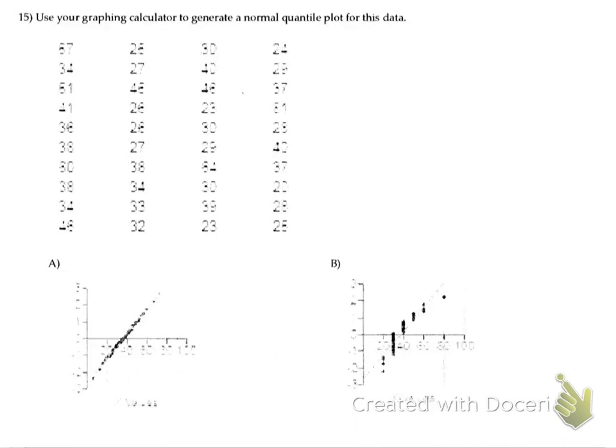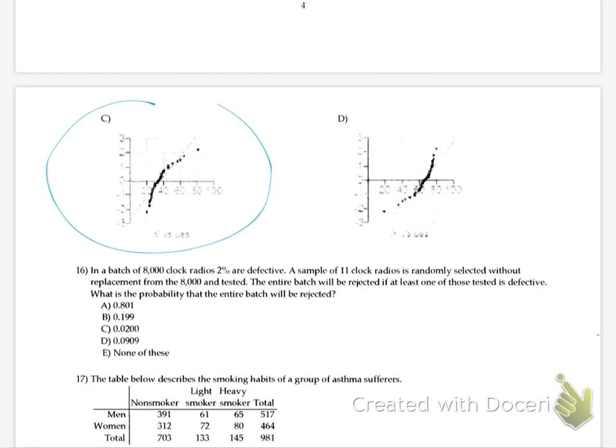What's up with 15? What are we supposed to do? Just use your graphing calculator to generate a normal quantile plot for this data. Just put all that data straight down L1, and you'll get a graph that doesn't look like A or B. The answer says C, so I'm just assuming.